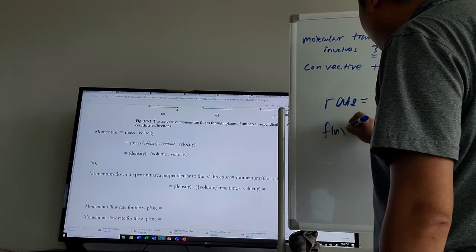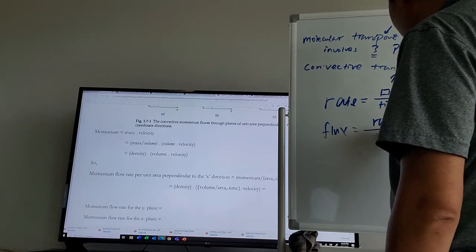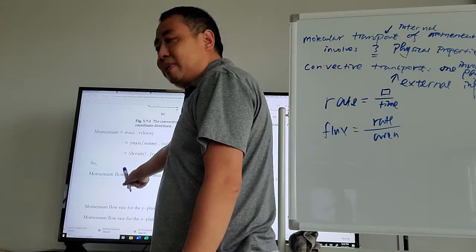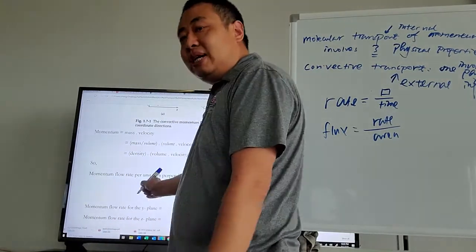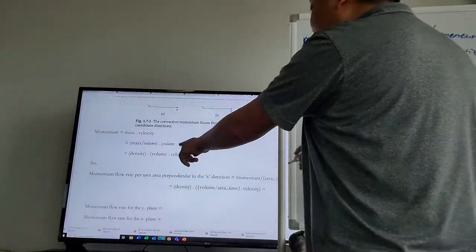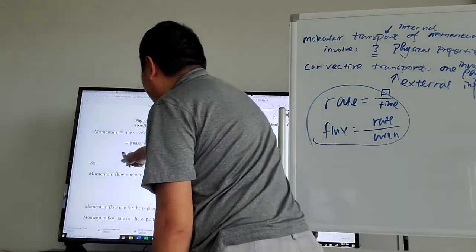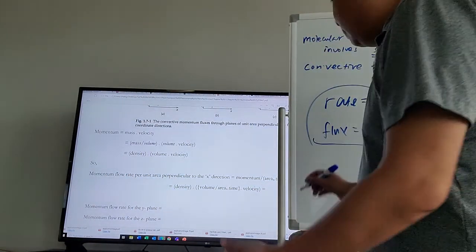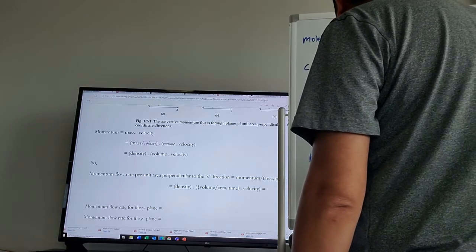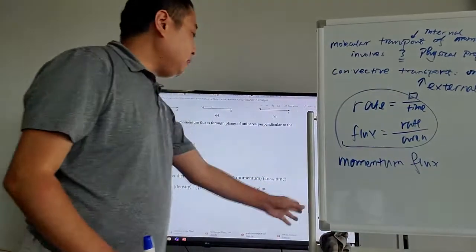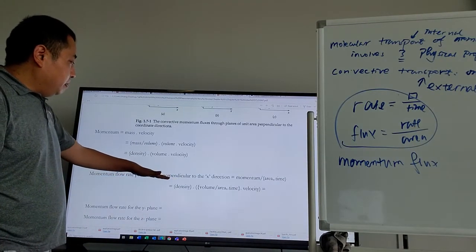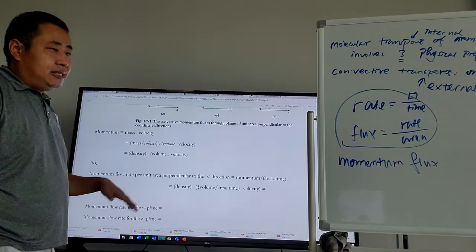If we talk about flux, it is rate divided by the area. So we are talking about momentum rate per unit area, which is momentum flux. Basically, this part is the momentum flux. So if we look at the momentum flux perpendicular to the x direction.